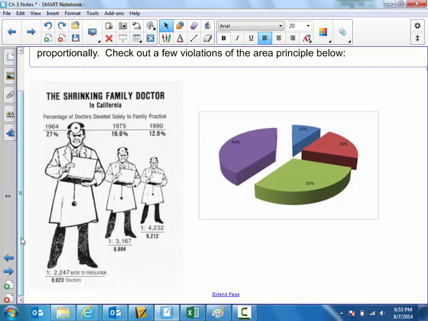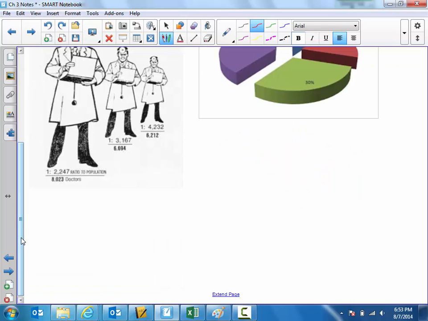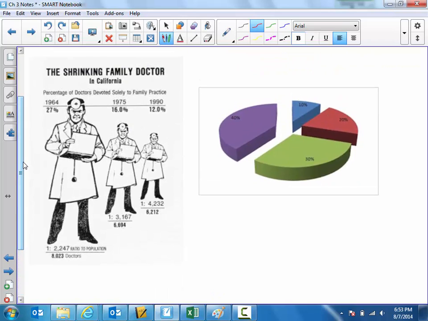So there's a big drop there, but that big drop from 64 to 90 is made visually even more significant by the fact that this first doctor is about 2 times as wide as this guy is, in addition to being about 2 times as tall.